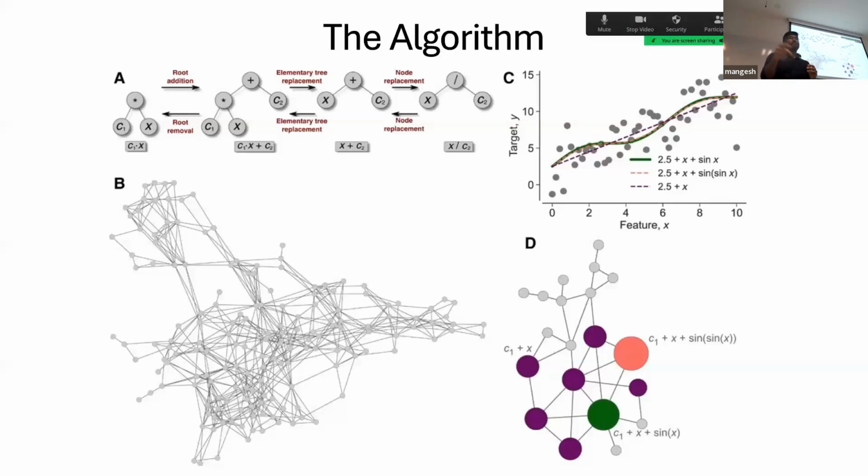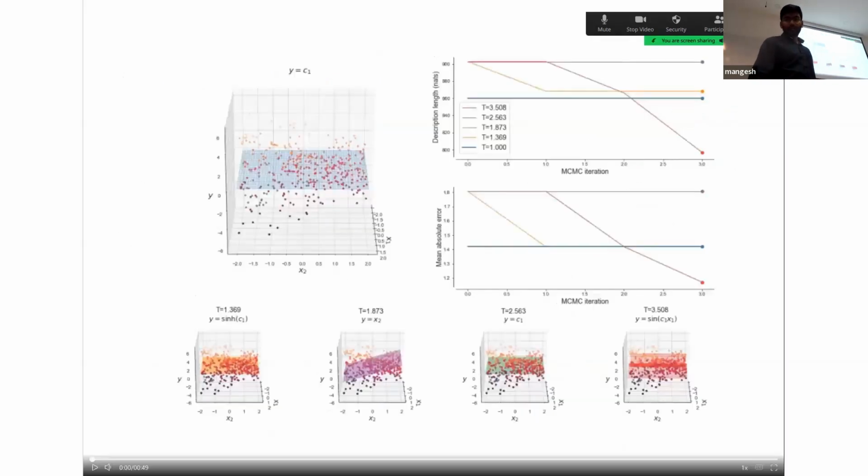What it does is these MCMC steps. It changes the function, tries fitting, and it changes according to this prior knowledge, how simple the function is, and how well it fits. And that's how it can explore the entire function space and do it faster.